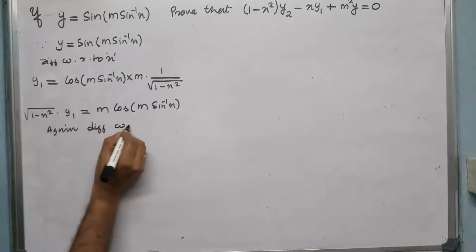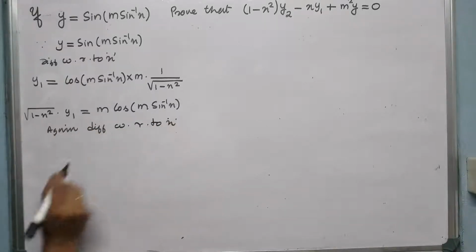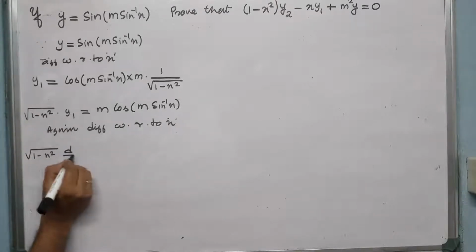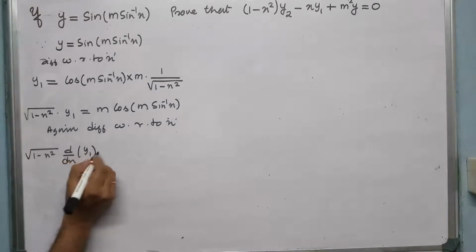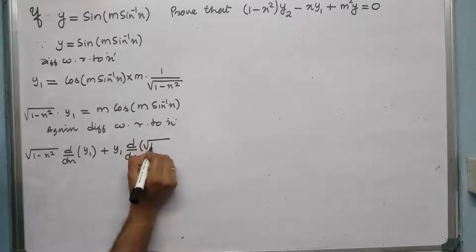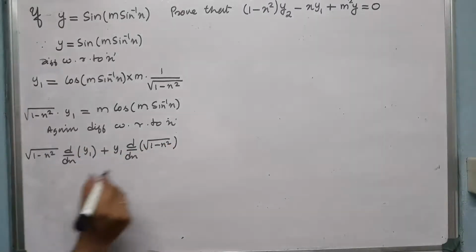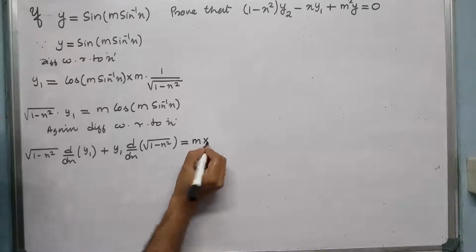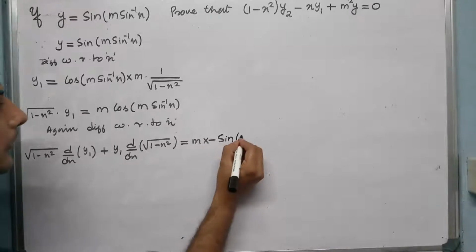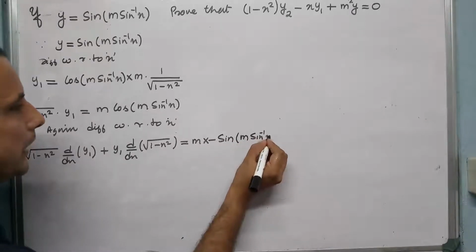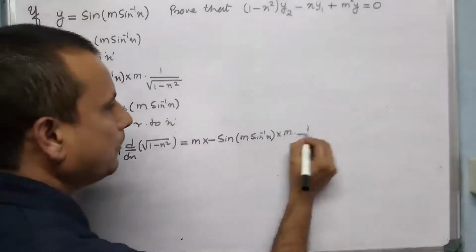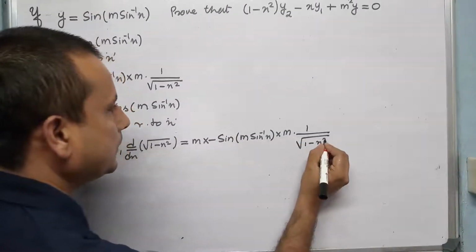Again, differentiating with respect to x. Now we'll use the product formula, u into dy dx of v plus v into dy dx of u. So, under root 1 minus x square, dy dx of y1 is y2, plus y1 times the derivative of the root, which is 1 over 2 under root 1 minus x square into the derivative of 1 minus x square, that is 0 minus 2x, equals m into the derivative of cos, which is minus sine of m sine inverse x into m, and again the derivative of sine inverse x is 1 by under root 1 minus x square.